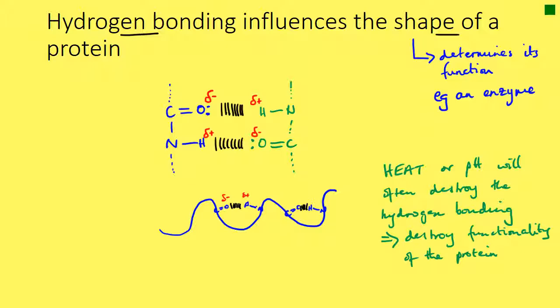So if you imagine an enzyme, e.g. an enzyme, so the enzyme works, you'll remember that enzymes break down large food molecules into smaller food molecules. Enzymes are proteins, and they work by being a certain shape. And it's their shape that allows them to break down large molecules into small molecules. And so if their shape is determined by hydrogen bonding, as it is here in my simple sketch, you can see that that is important to the protein.